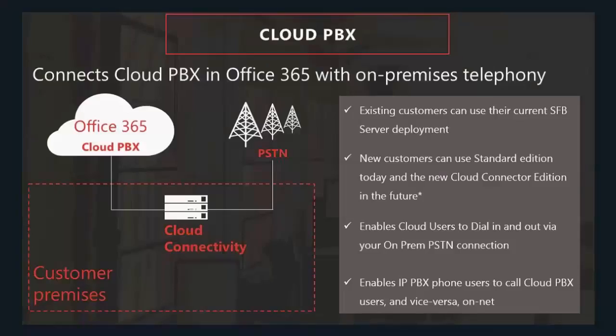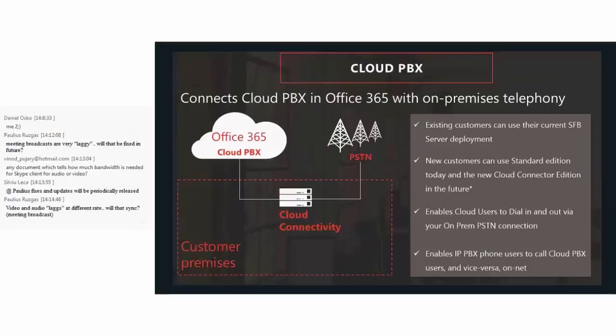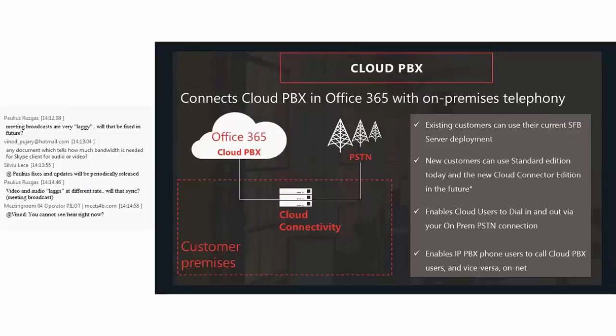Now, we talked about Cloud PBX. Let's briefly look at what this is. Basically, Cloud PBX is a service that enables you to connect, let's say, your local infrastructure to a PBX system that is hosted in the cloud. What this means is that you can basically replace your old phone central that you have on premises and use instead this offering that we have in the cloud.